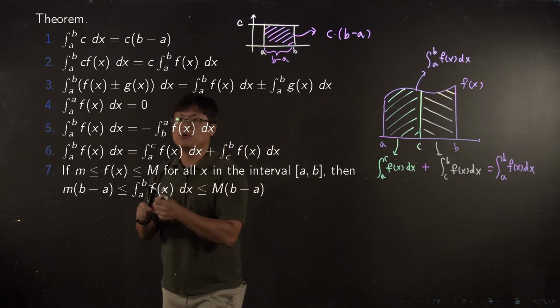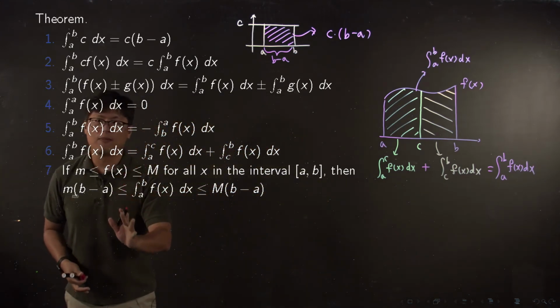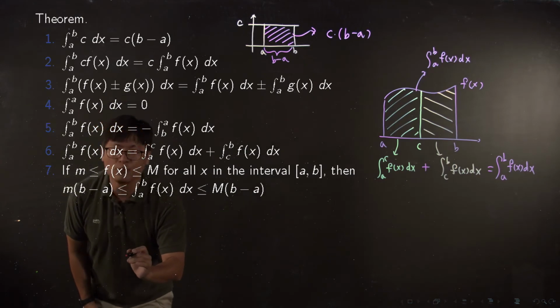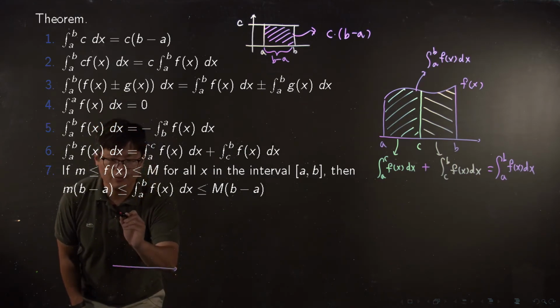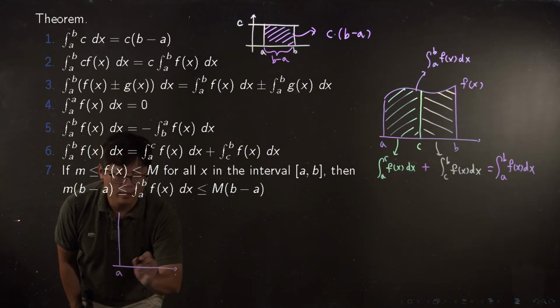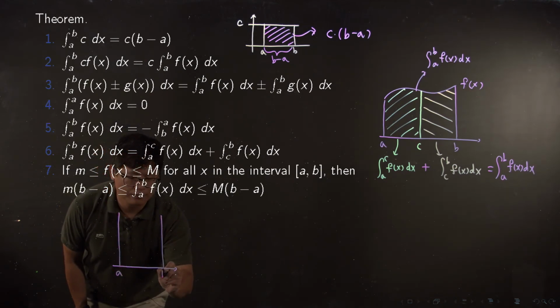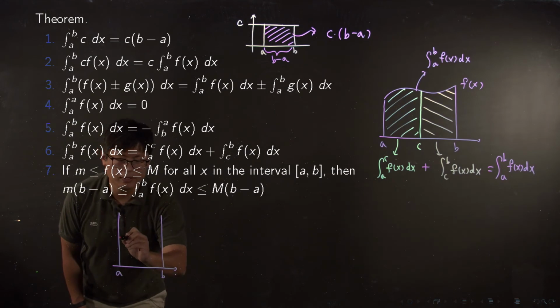Let me give you the graphical explanation about this. First of all, you have the function f here between a and b, so your curve is like that.